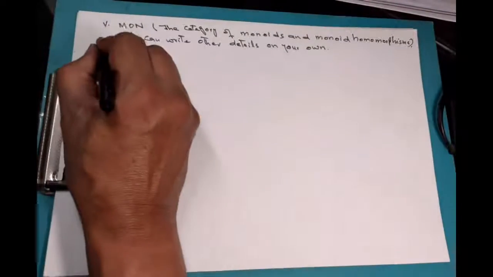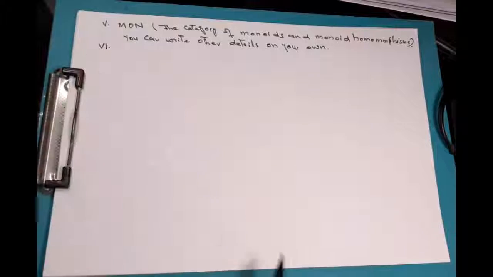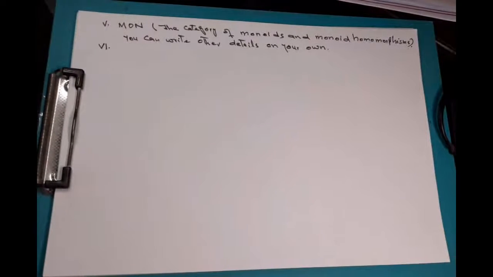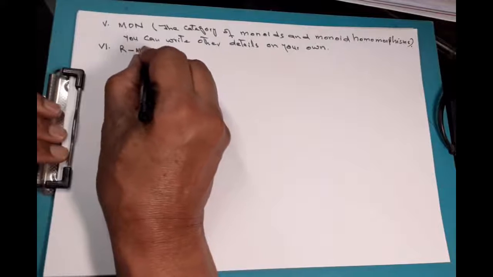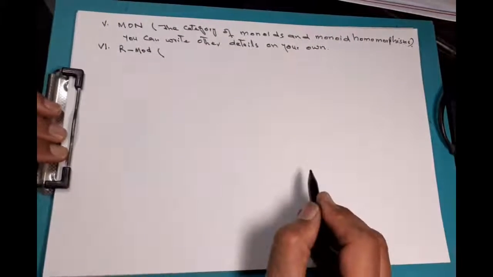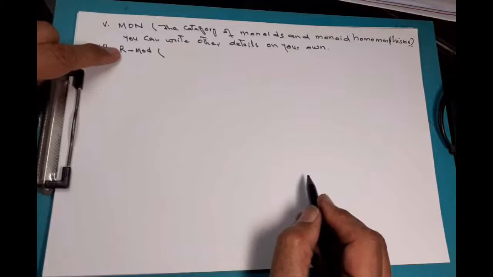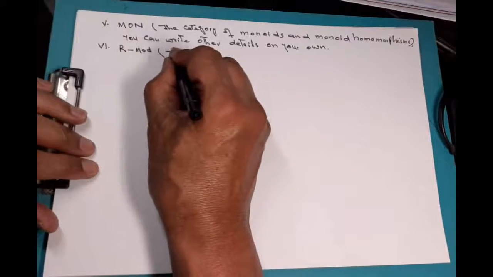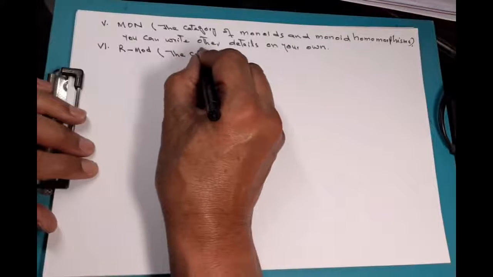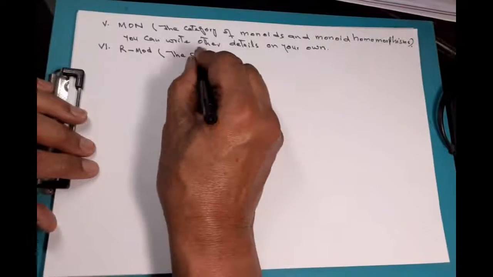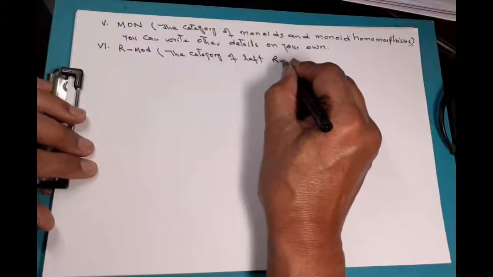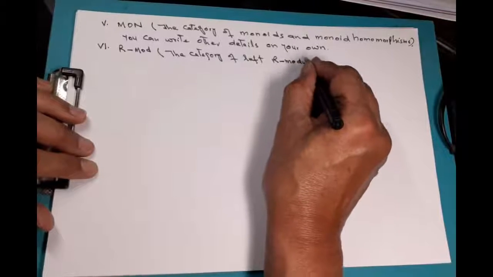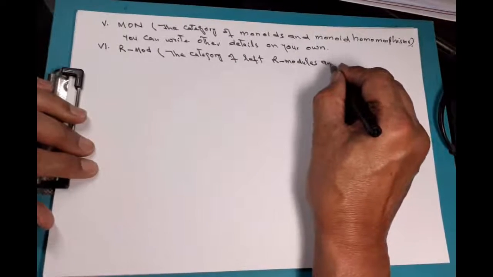Even we have more categories. In fact, if you like, you can consider the category of left R modules. We write it as R-Mod. This is the category of left R modules, with R on the left hand side, and module homomorphisms.